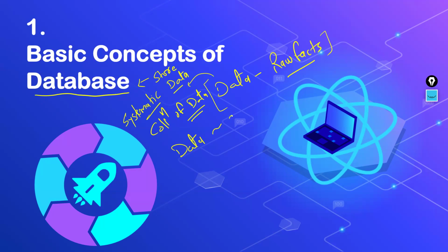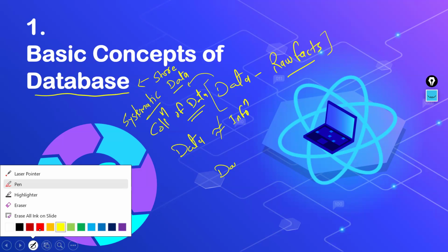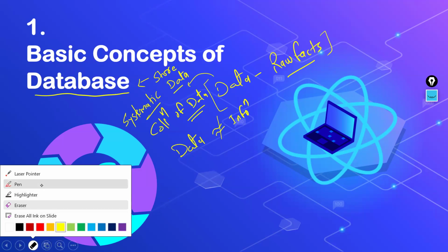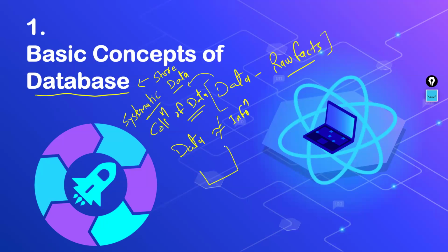Data, information, actually not two different things, not two same things. Data is raw facts. Information is, let's say you have this data here.